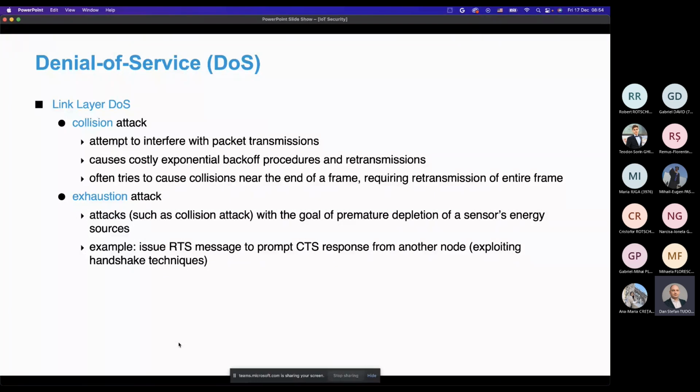So usually you cause costly exponential backoff procedures, retransmissions in some MAC protocols, because you generate a lot of collisions within the network willingly, and then you cause these backoff schemes and retransmission schemes which can actually have a high cost on your network, especially when the network is powered through batteries that have a limited amount of energy. So you have a limited amount of messages you can actually send through these devices.